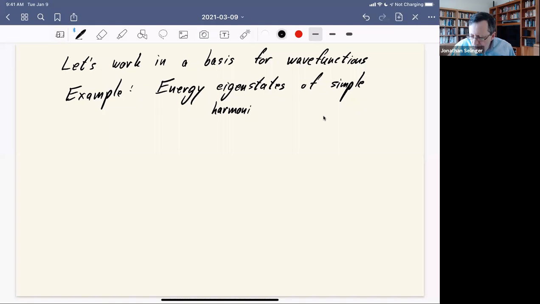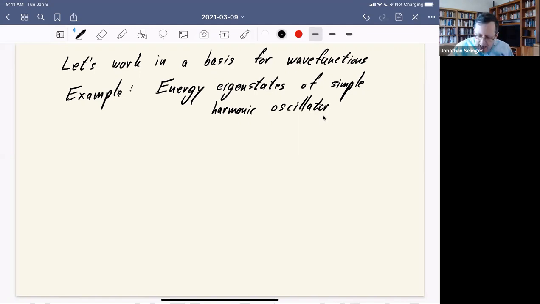When we were studying the simple harmonic oscillator, we worked out that there's a whole set of energy eigenstates, that is the special solutions of the time-independent Schrodinger equation.